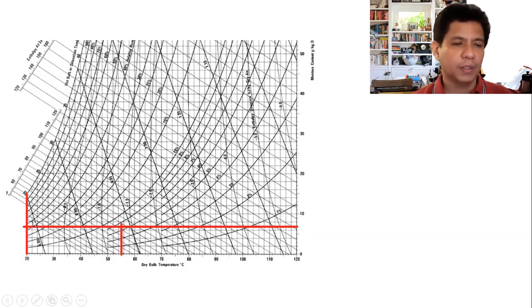Ito yun. Tapos, basically, ito yung point na hanapin natin yung relative humidity. So sabi ko nga sa inyo kanina, itong mga curves na to, ito yung relative humidity curve. So 1%, 2%, 3%, 4%, 5%, 6%, 7%. So as you can see, saktong-sakto siya dun sa 7% pag in-extend nyo. So that's why the answer for number 5 is 7% by using a psychrometric chart.